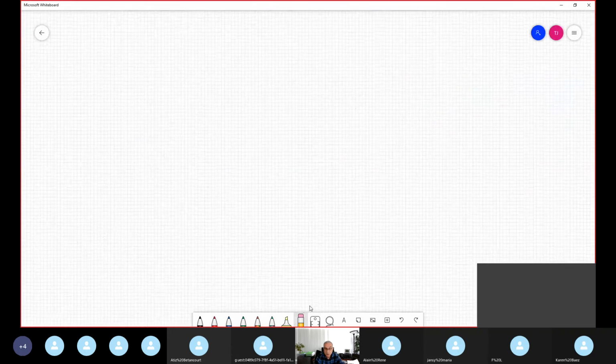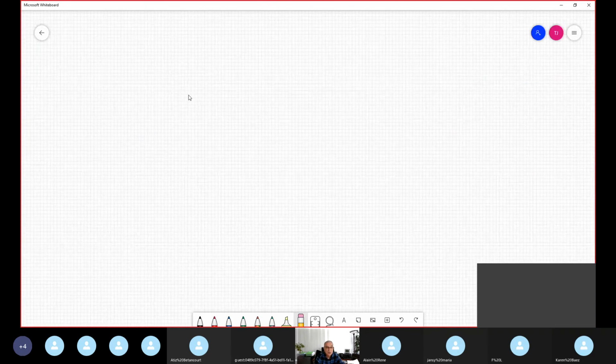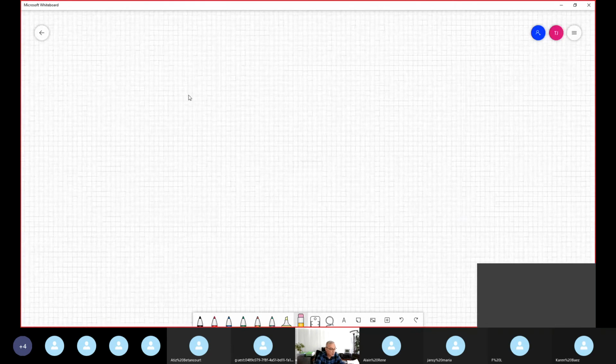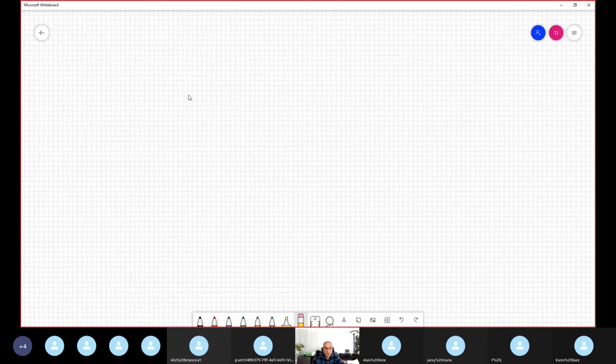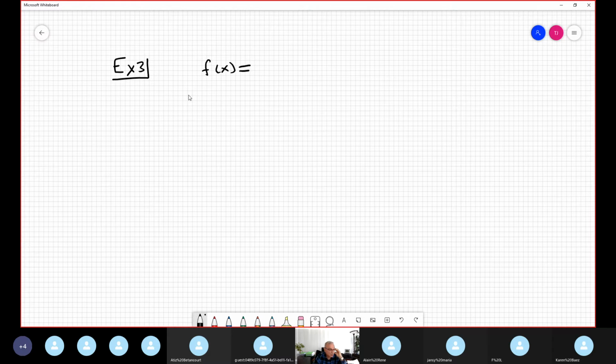Good. This new example 3 brings me a new important thing. Example 3. Okay, there you go. This is f of x equals 1 over x plus 1.